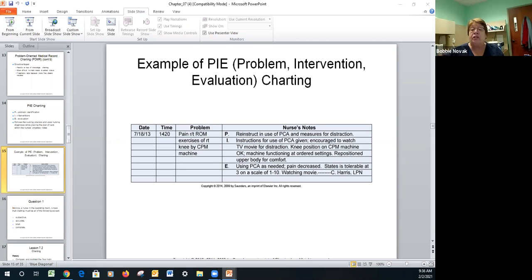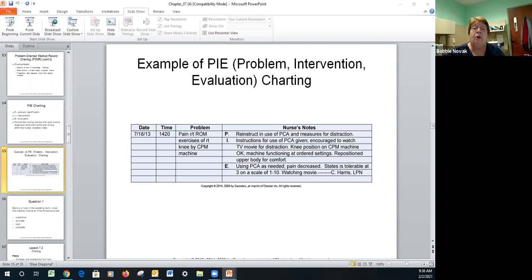Interventions would be your instructions for use of the PCA and encouraged to watch TV or a movie for distraction. We did check the knee on the CPM machine and it's functioning at ordered settings. We repositioned for comfort. And then we go back in and evaluate them and we say, yes, the PCA was used as needed, the pain's decreased, and the patient states it's tolerable. So you notice there's only one time here.